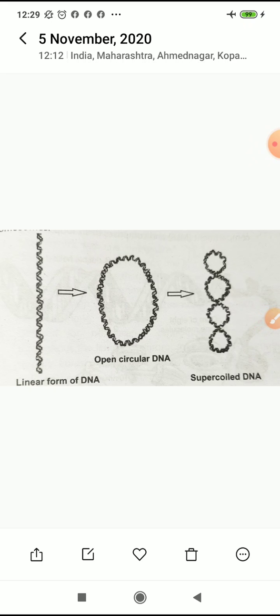Actually, genes are responsible for producing different kinds of proteins, and these proteins make up an organism as per the instructions given by the genetic material.